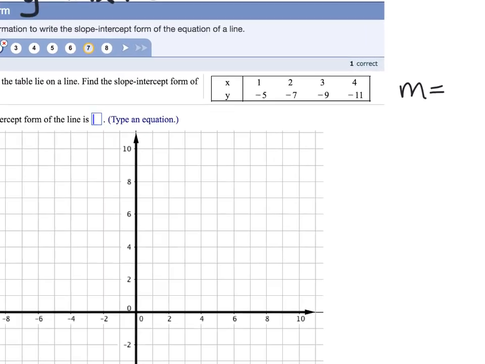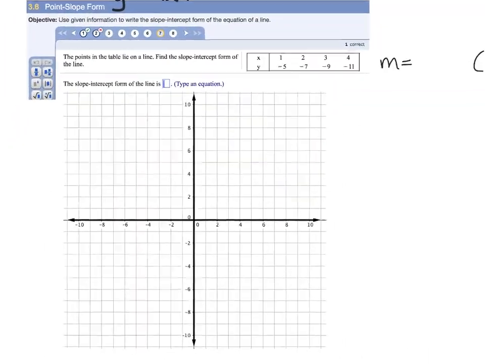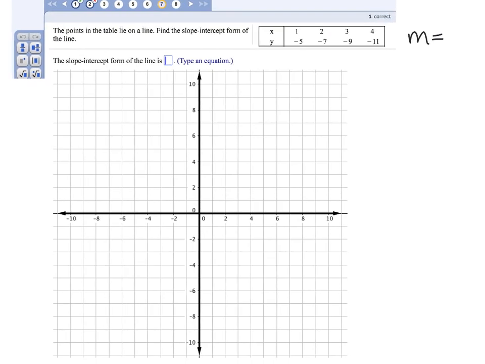So the easy way to come up with a slope is to plot 2 of these points and figure out the slope. And it doesn't matter which 2 points you use. So let's do 1, negative 5, and let's do, just to be different, 3, negative 9.